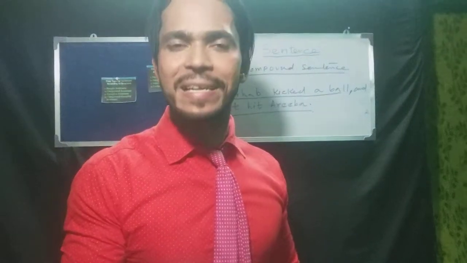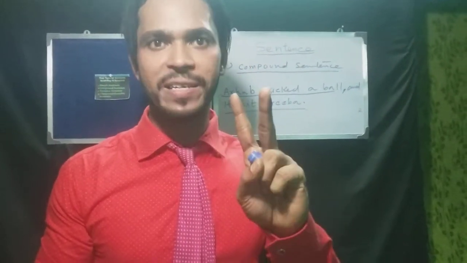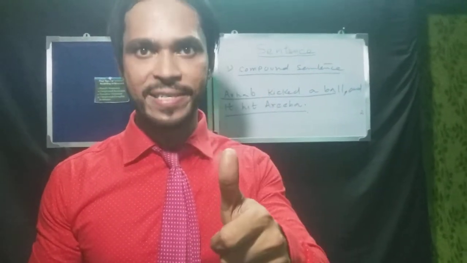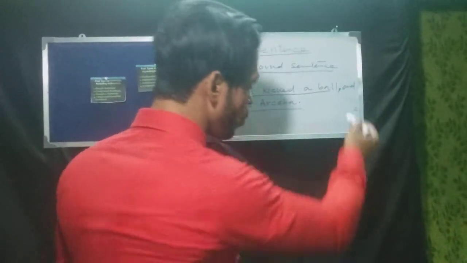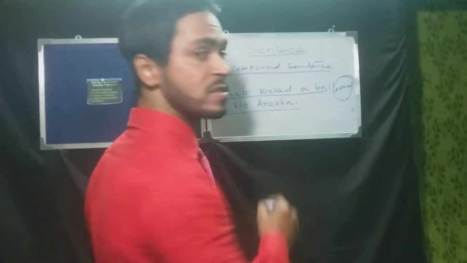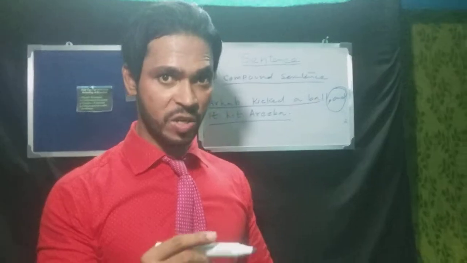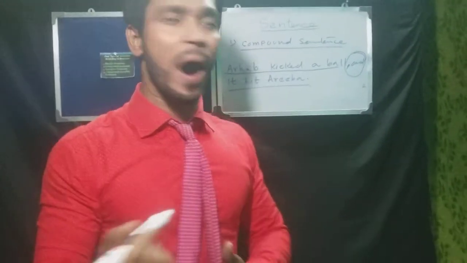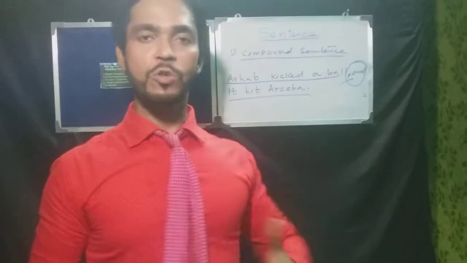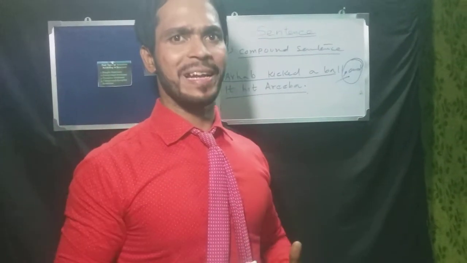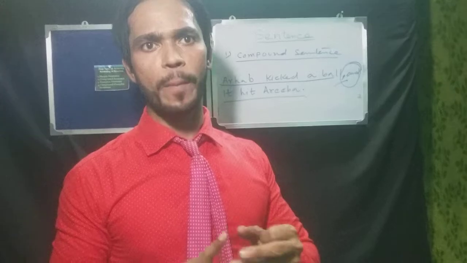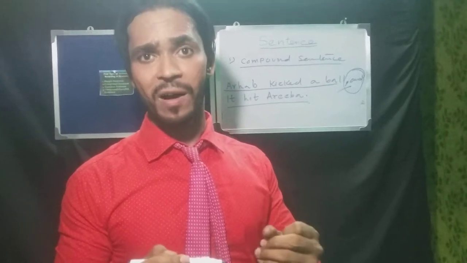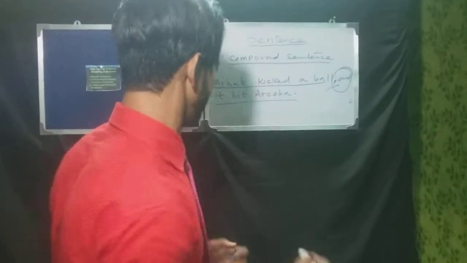A compound sentence contains two independent clauses. It has a coordinating conjunction. Look at this one. And is a coordinating conjunction. And it uses a comma. Look. Now what is a coordinating conjunction? And, or, but, etc. are coordinating conjunctions.